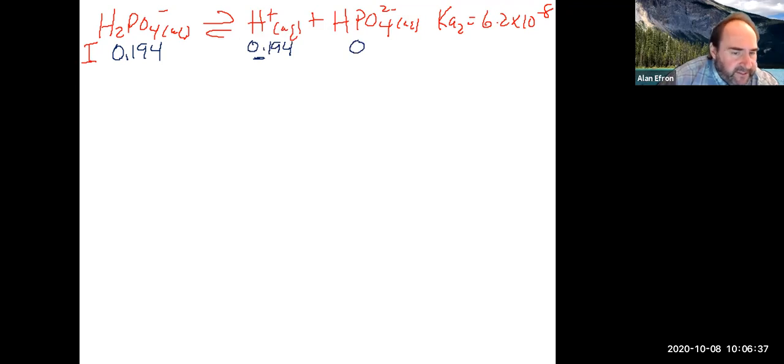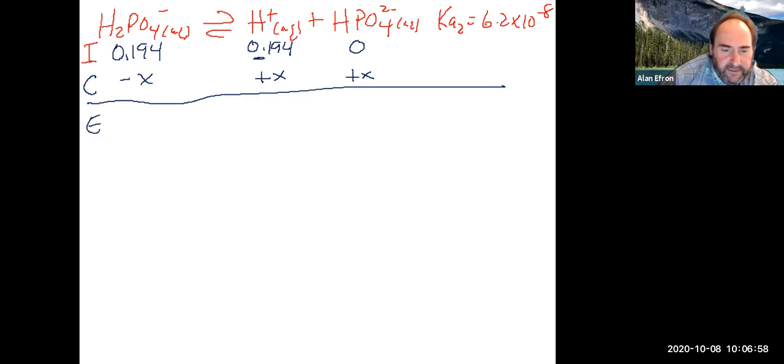So these first two guys here are going to be the previous equilibrium concentrations carried over to our new ice table. And the change part in the rest of the table will be pretty much the same, minus X, and plus X. This will then give us at equilibrium 0.194 minus X, 0.194.